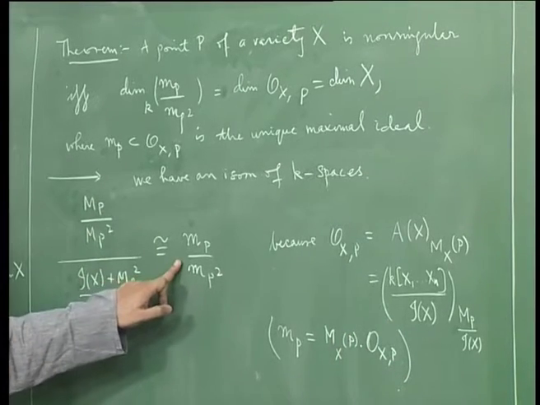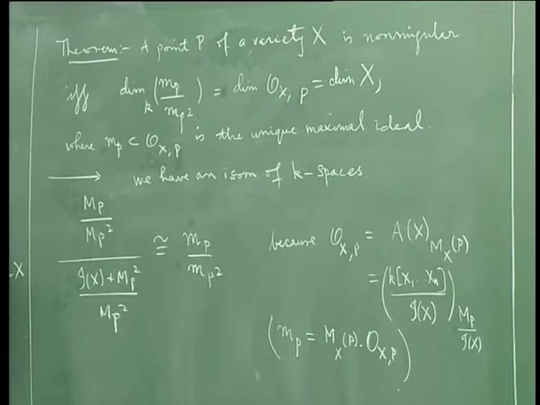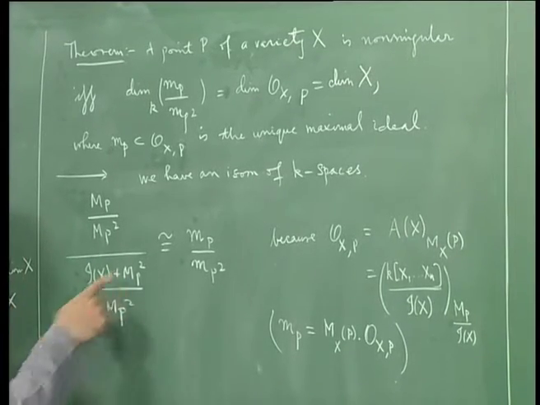So this quotient is the same as this, alright, as k vector spaces, and therefore if you count dimensions, dimension of this minus dimension of this is equal to dimension of this.